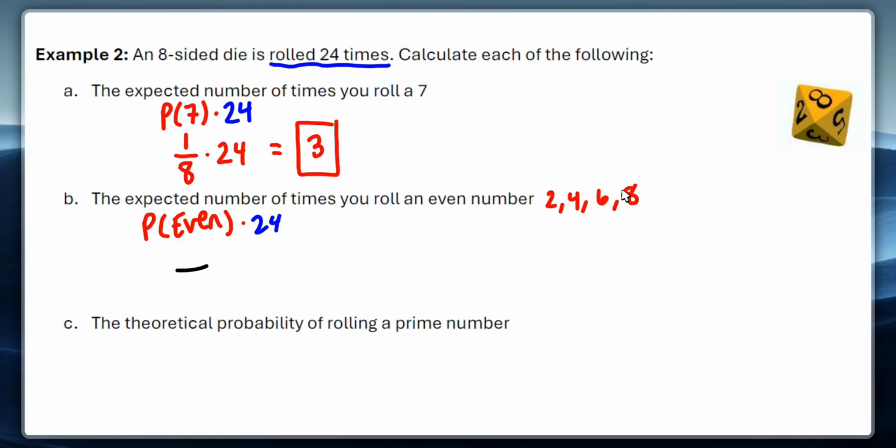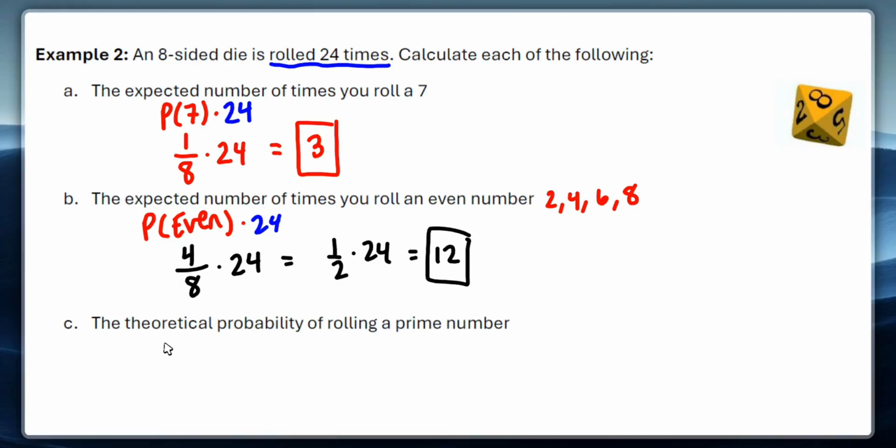We have 4 possible desired outcomes, so 4 over the total number of outcomes of 8. Multiply that by 24. Well, 4 over 8 simplifies to 1/2, and 1/2 times 24 gives us 12. So for part B, we can expect to roll an even number 12 times when doing this 24 times.